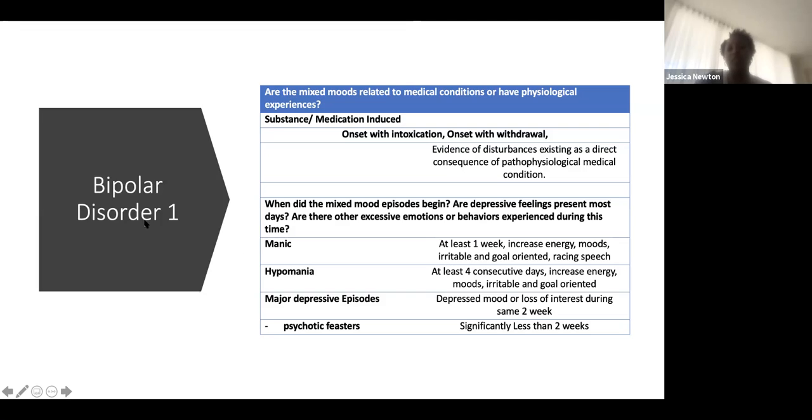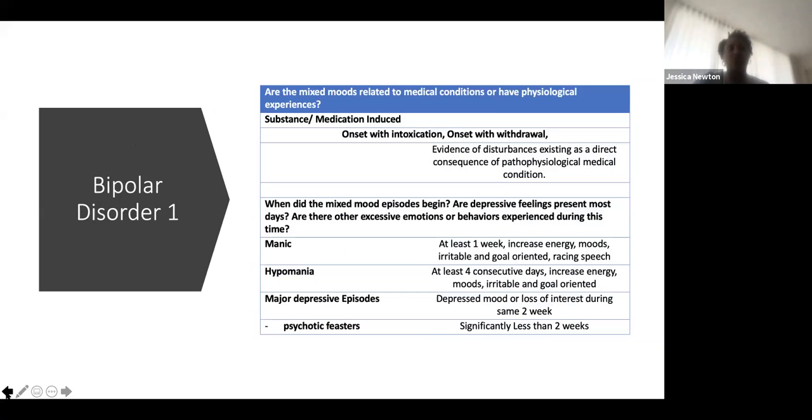And so when we look at bipolar and we're looking at the manic episode, then we're looking at increased energy, moods, irritability, goal-oriented racing speech, hypomania, at least 4 consecutive days, also of increased energy, irritability, and goal-oriented. And then still within that same 2-week period, are we experiencing days of depressed moods or loss of interest? And so again, within the bipolar disorder, we also still have other factors that can be considered.